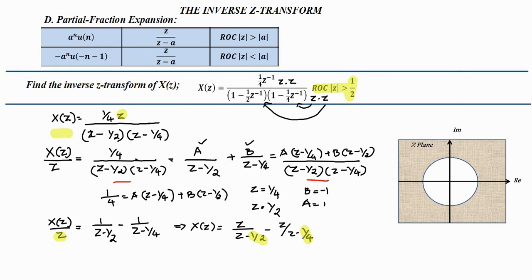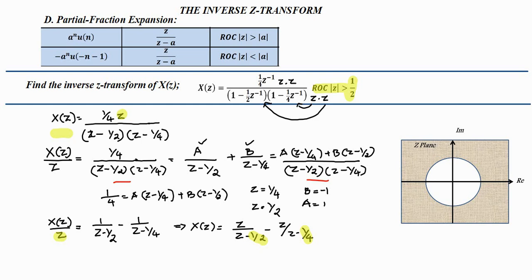In the graph I can indicate the poles: one pole at z equal to 1 by 4 and another pole at z equal to 1 by 2.